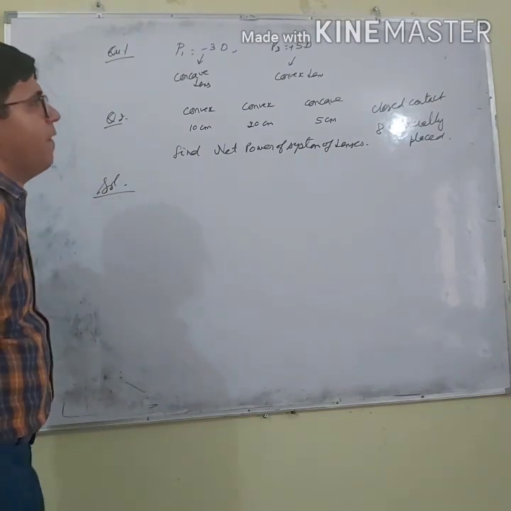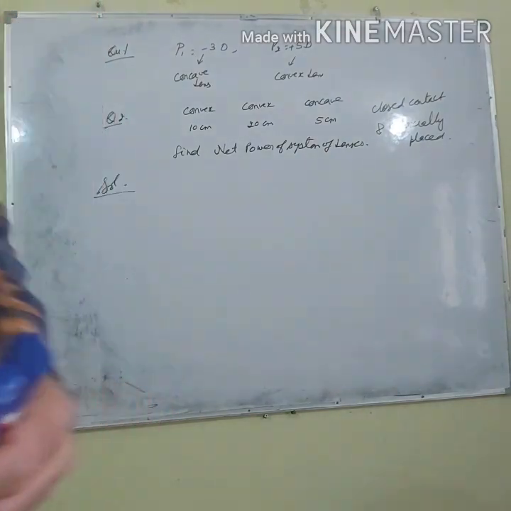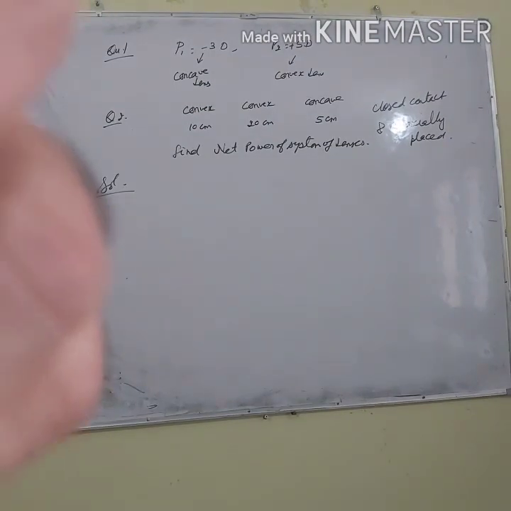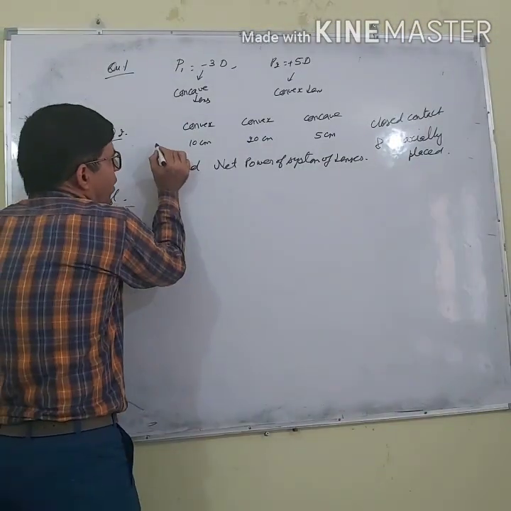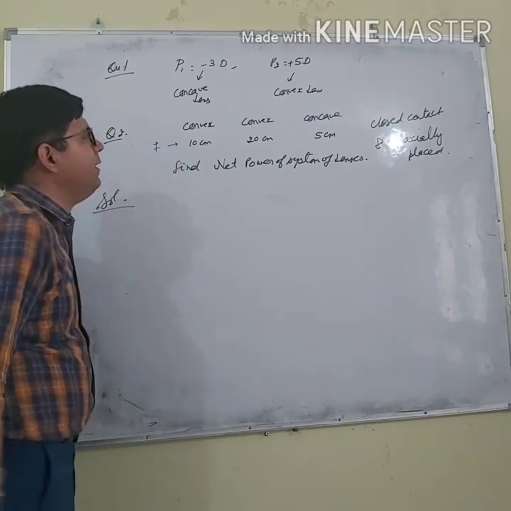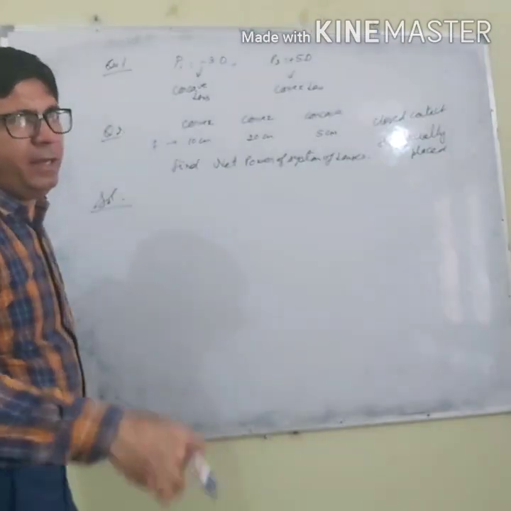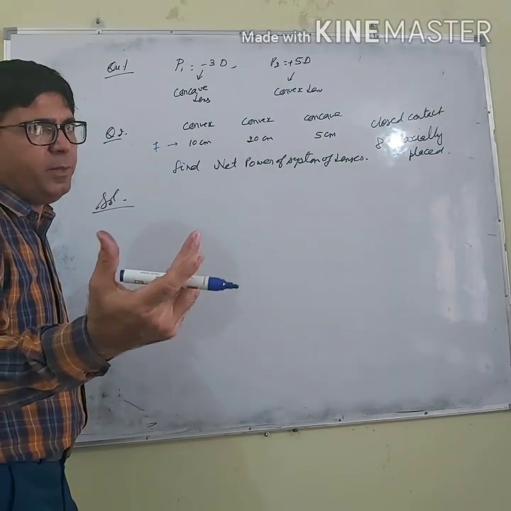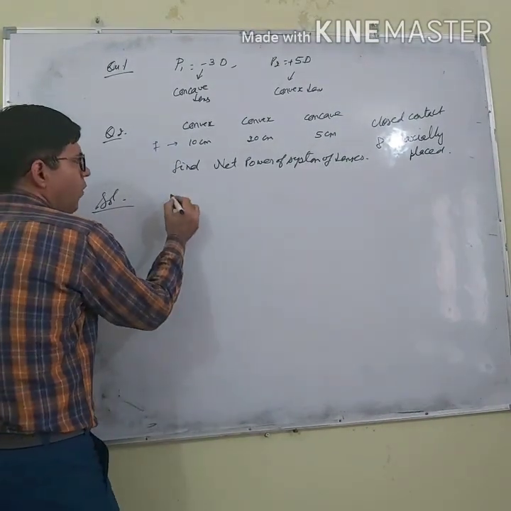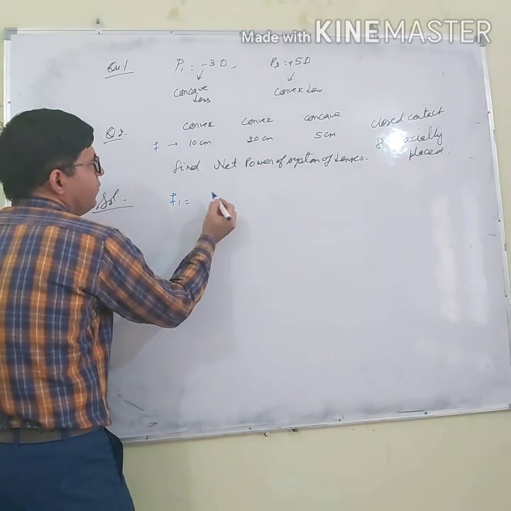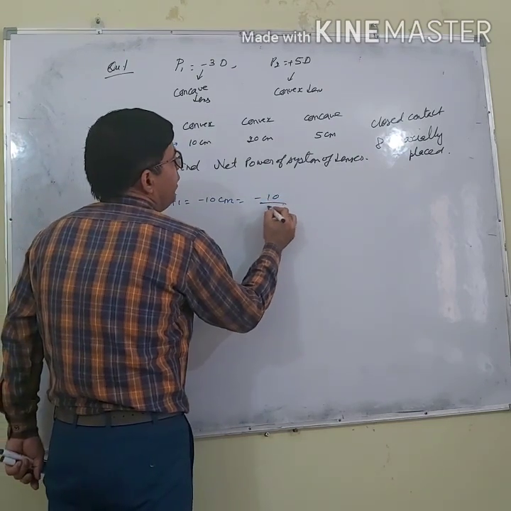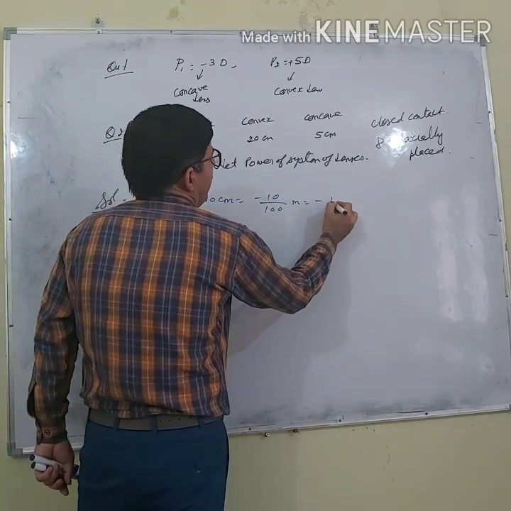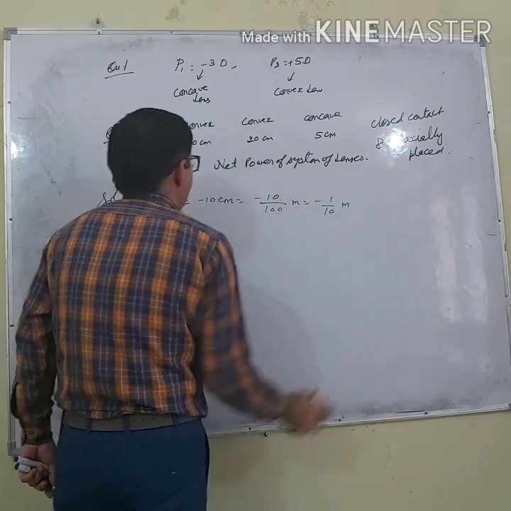Listen students, while defining the SI unit of the lens, here focal lengths are given in centimeter and the SI unit of focal length is meter. So first of all, let us say convex lens focal length, it is positive 10 centimeter. So I can write 10 over 100 meter, 1 by 10 meter.